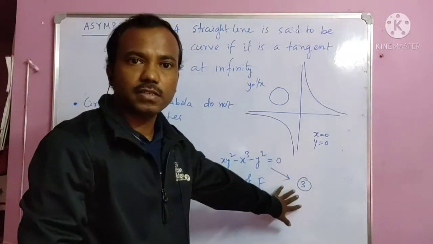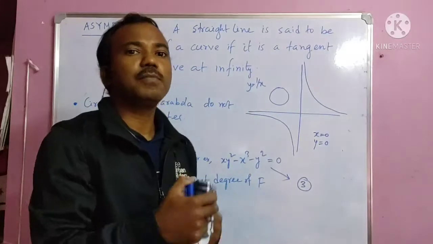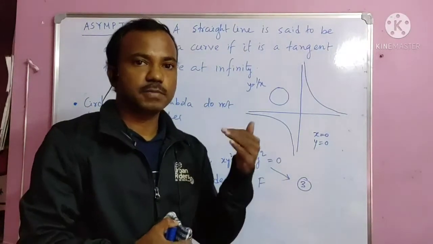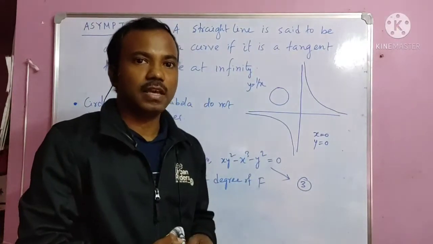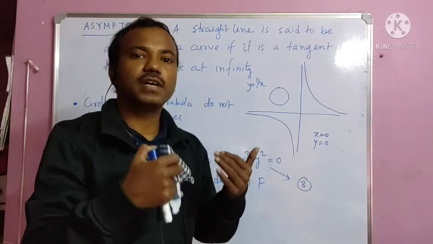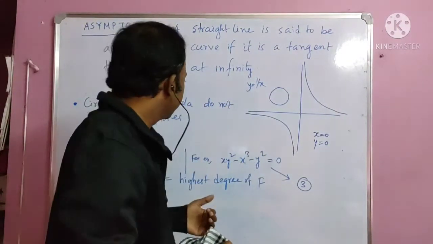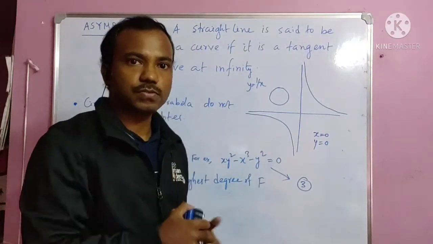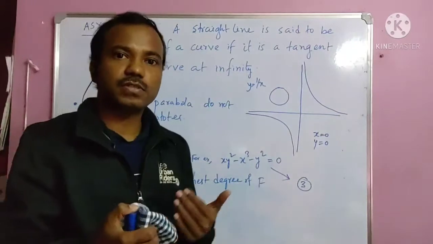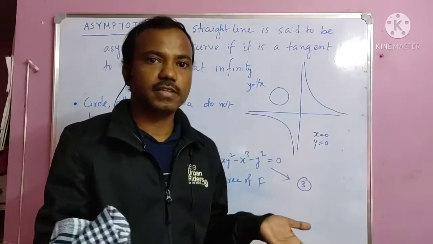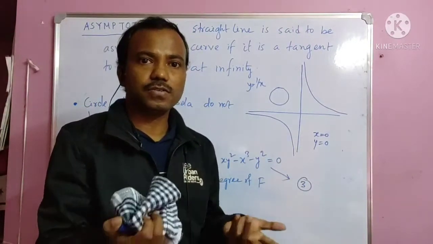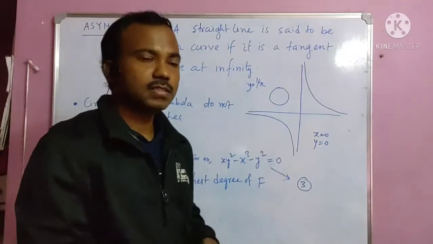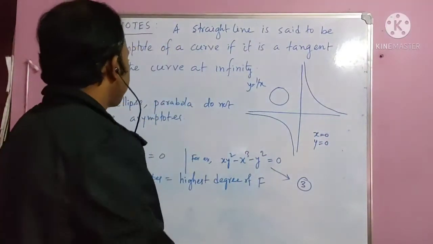Among these 3 asymptotes, some will be parallel to the coordinate axes, that means parallel to the x-axis or y-axis, and some will not be parallel to the coordinate axes. Of course, this will happen because an asymptote is a straight line, so it has to be either parallel or not parallel to the coordinate axes.